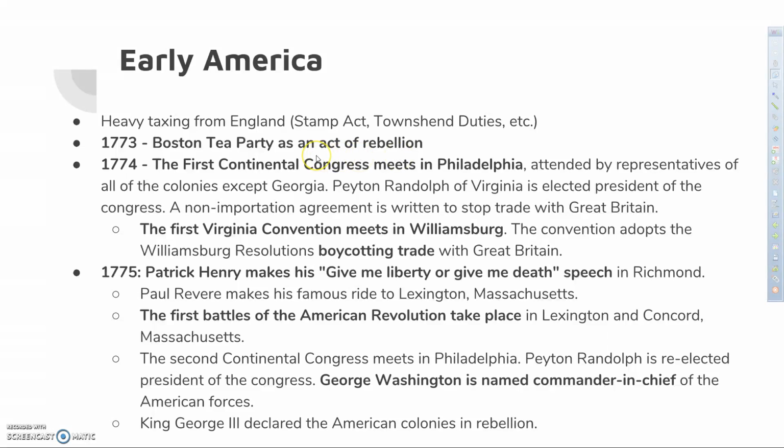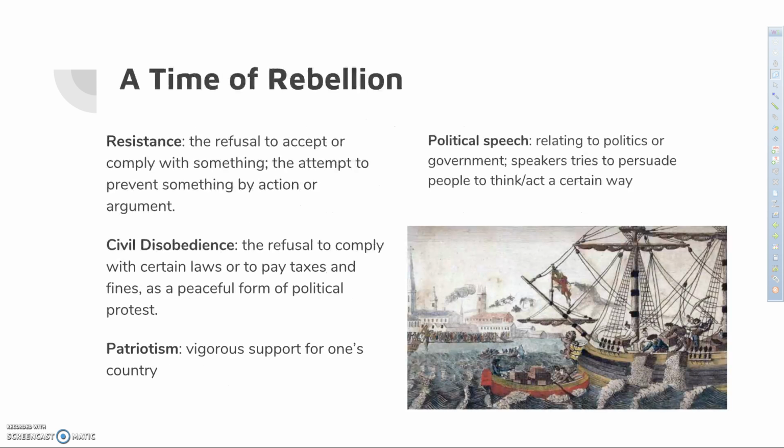They were mad that they were having to pay taxes to the king in Great Britain. Not only that, but in history, Martin Luther King did a lot of protests. All of those were acts of civil disobedience. Okay, so look at your definitions. What is the difference between resistance and civil disobedience?